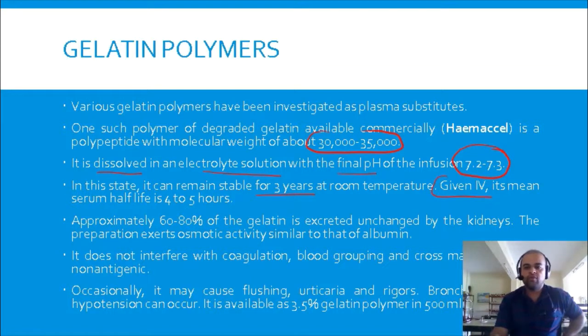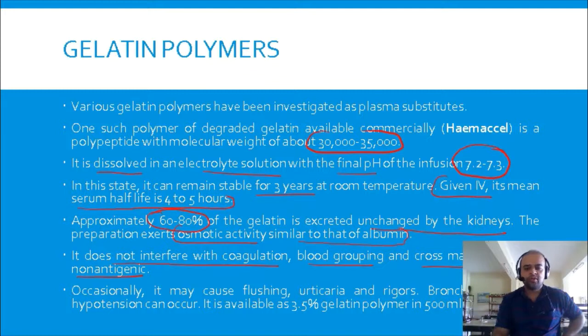Also, when given by the intravenous route, its mean serum half-life is 4 to 5 hours. Approximately 60 to 80% of it is excreted unchanged by the kidneys. The preparation exerts osmotic activity similar to that of albumin. It does not interfere with the coagulation process, blood grouping and cross matching of the blood, and it is non-antigenic in nature.